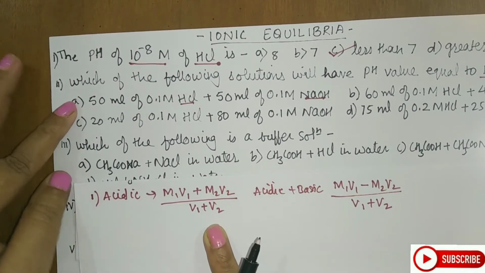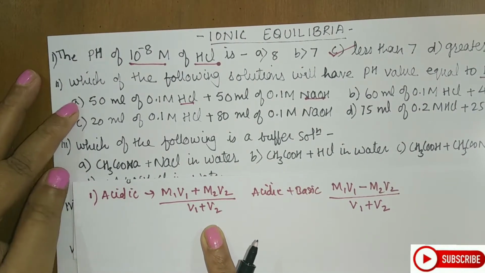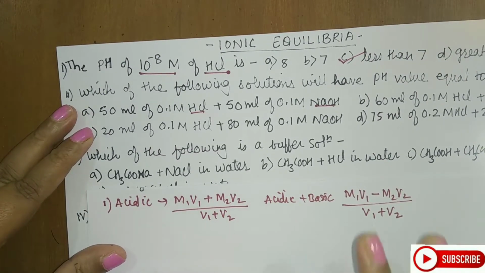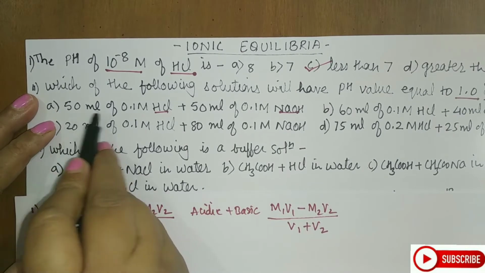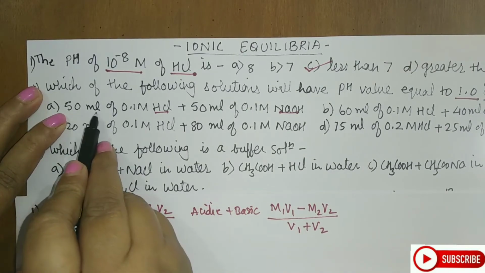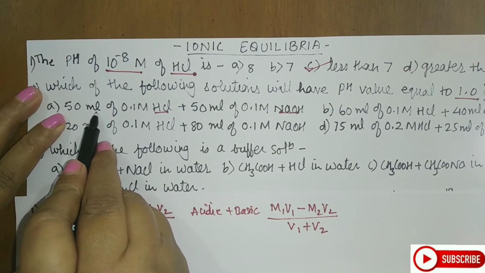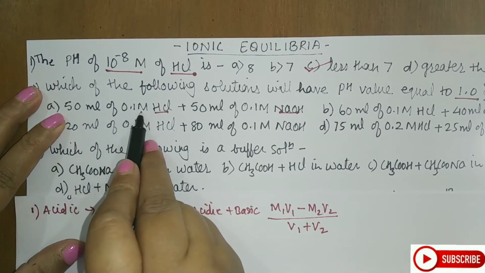Now if you see the question, this is a neutralization reaction. So let us try to sort out some of the options orally. If you see the unit, this is ml, so this is volume and this is concentration.